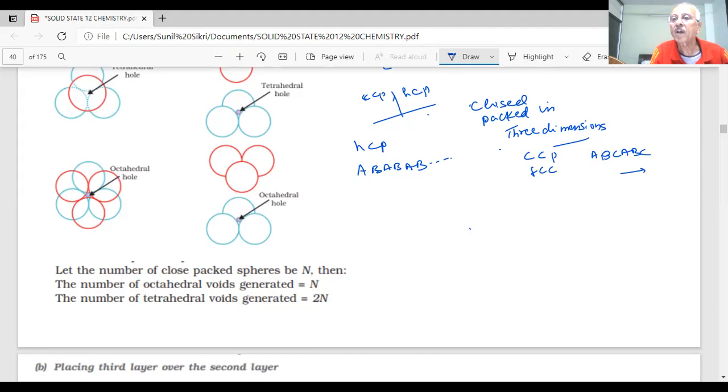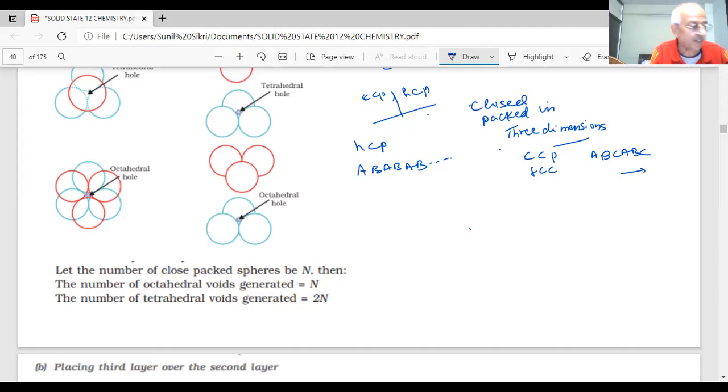After the third layer, the first layer repeats. So we said ABC cubical, and CCP and FCC are the same.